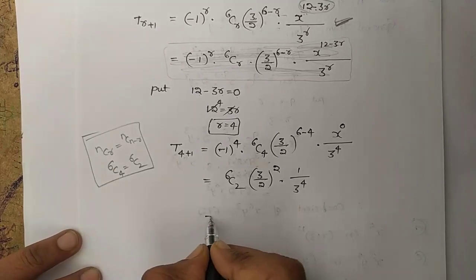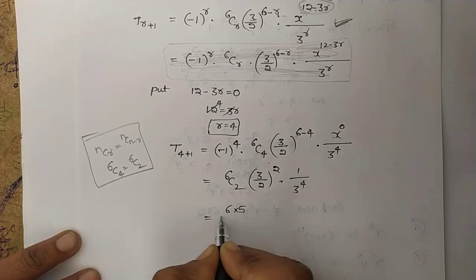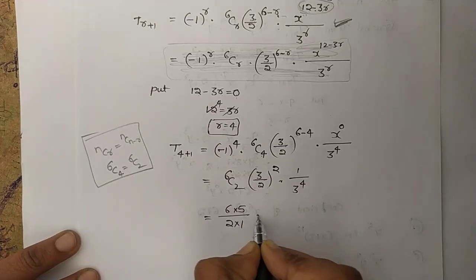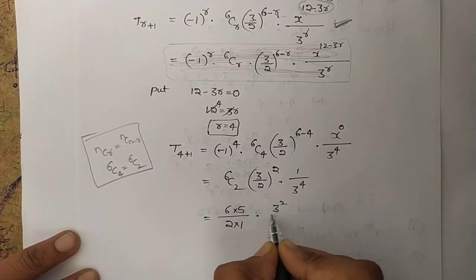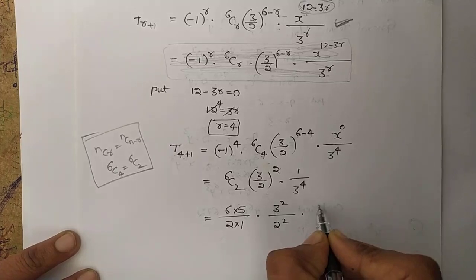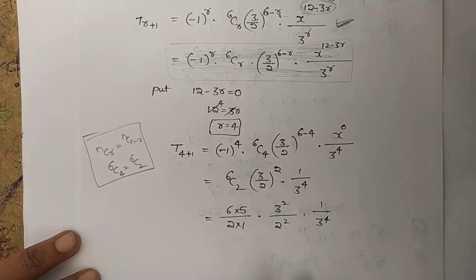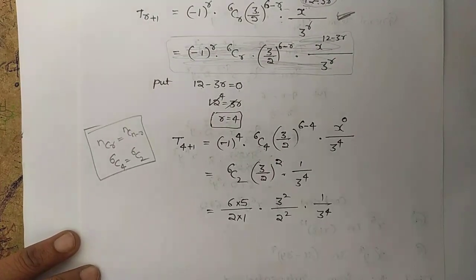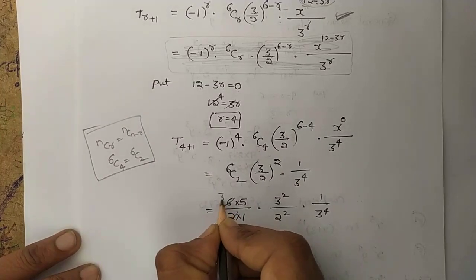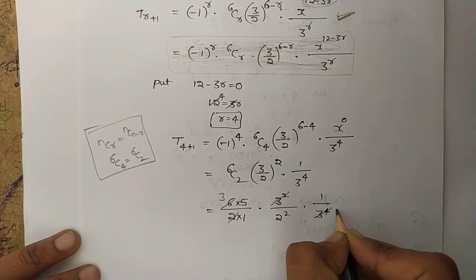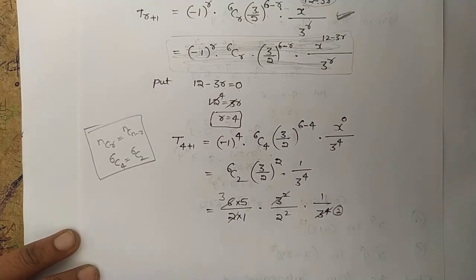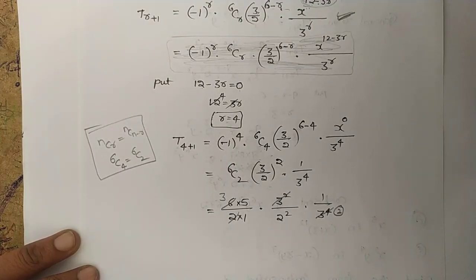Next, 6C2 is 6 into 5 divided by 2 into 1, into 3 square divided by 2 square, into 1 by 3 power 4. Now cancel the numbers. 3 square will remain.